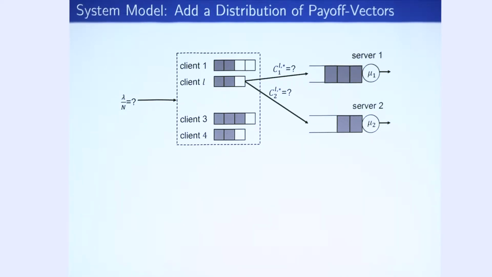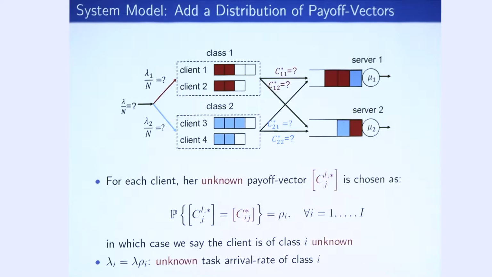For the analysis, we're going to add a very mild distributional assumption on these underlying unknown payoff vectors. In particular, we assume that for each client l, her unknown payoff vector is randomly generated according to a discrete finite distribution.